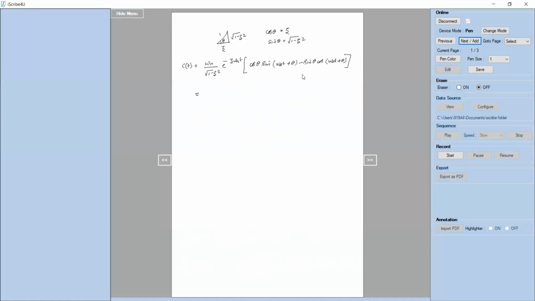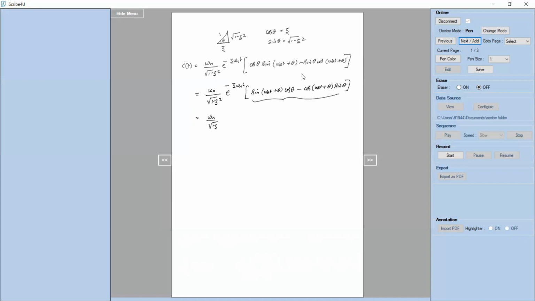Okay, so now I can simplify this as omega n divided by square root of 1 minus zeta square e power minus zeta omega n t multiplied by sine omega dt plus theta into cos theta. I'm doing the term adjustment so that you can compare this to the sine A minus B formula.